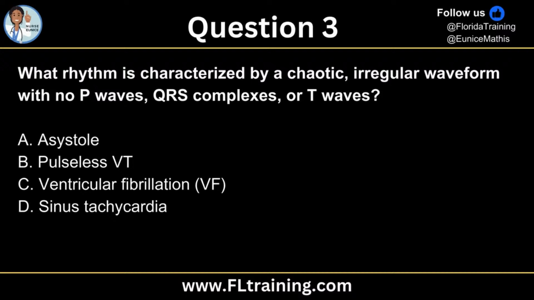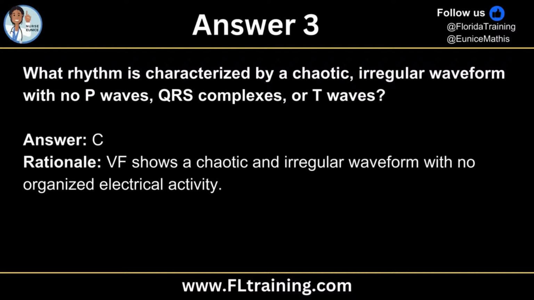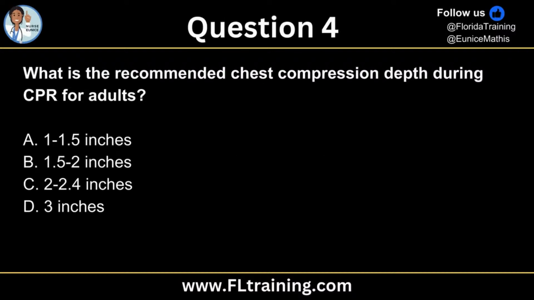Chaotic, irregular waveforms. Revealing the answer in 3, 2, and if you said VFib, you are right. So the answer is C. So VF shows a chaotic and irregular waveform with no organized electrical activity.